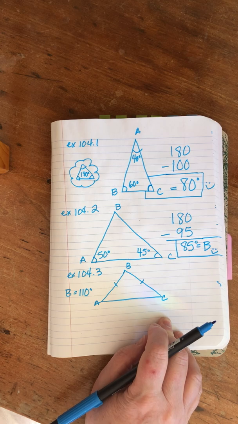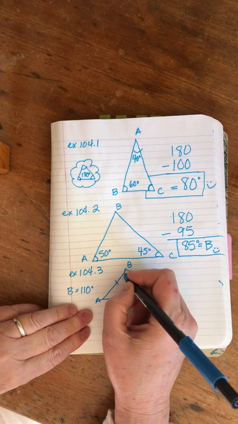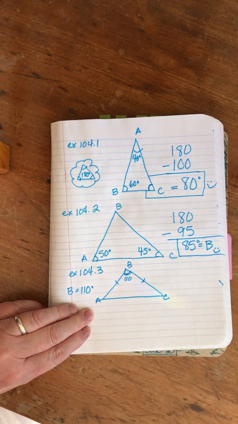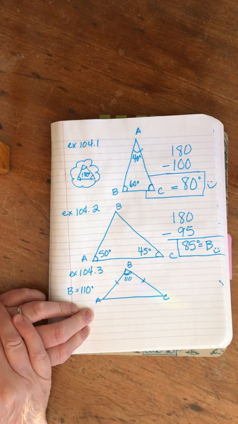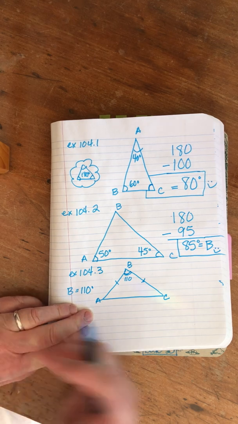But actually you do, because here's the thing. B is up here. We know this one is 110. What do these little marks tell us? Oh, these marks tell us that this is an isosceles triangle and that these sides are equal. We know that there's a relationship between equal sides and their opposite angles, right?